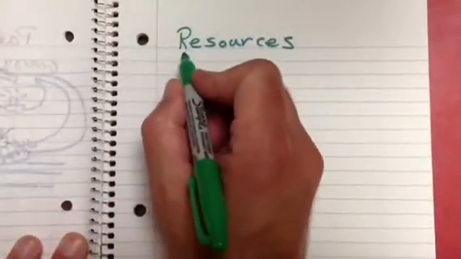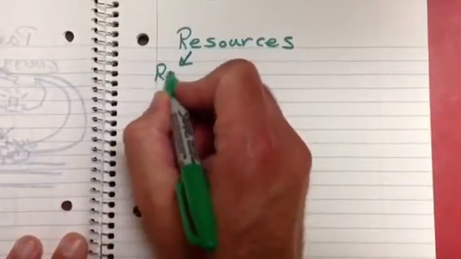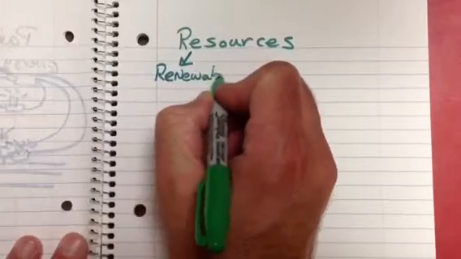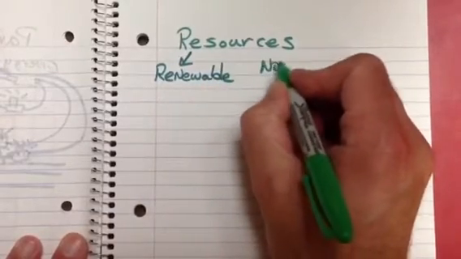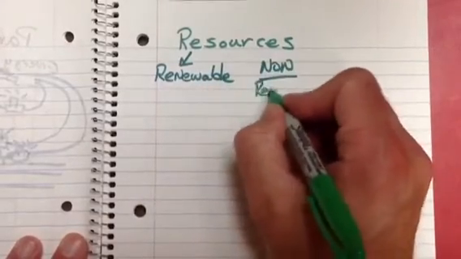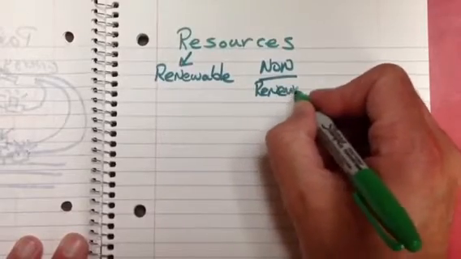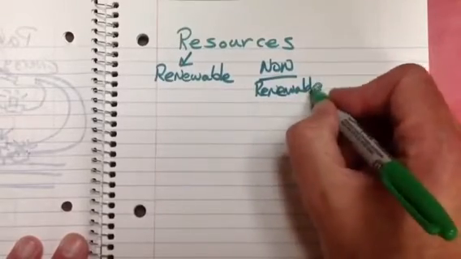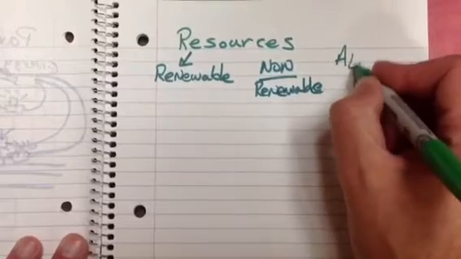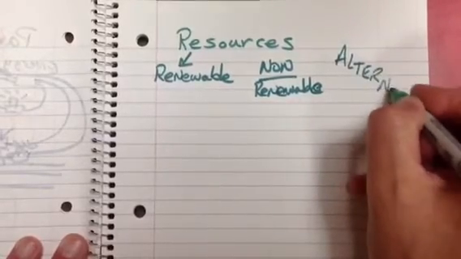Resources. There's 3 main types of resources. We have renewable, we have non-renewable, and then we have alternative.